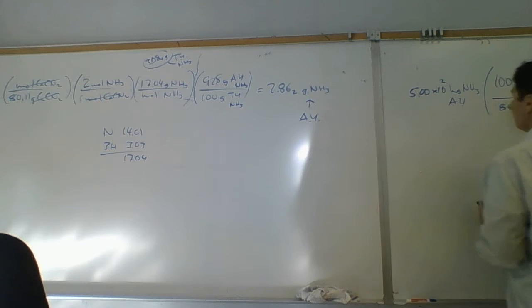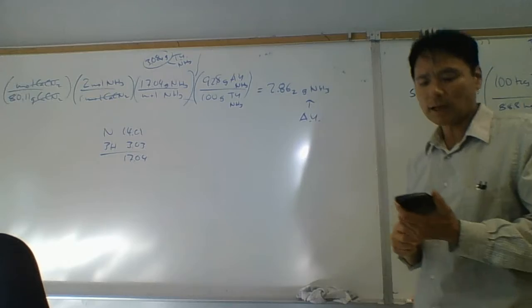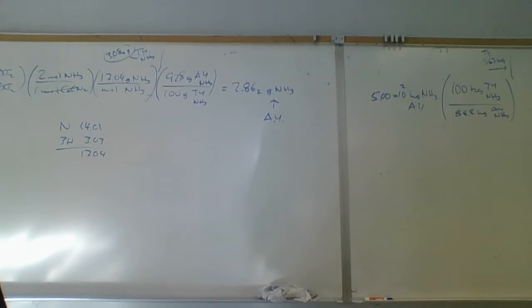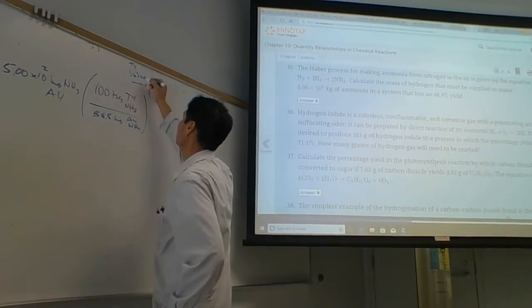Which means if I want 500 kilograms of actual yield, I better make 563 kilograms of theoretical yield, because I'm going to have to plan on losing 63 kilograms. Okay, so if I need to make 563 kilograms worth of ammonia, how much hydrogen do I need?